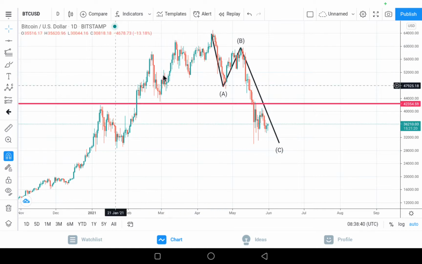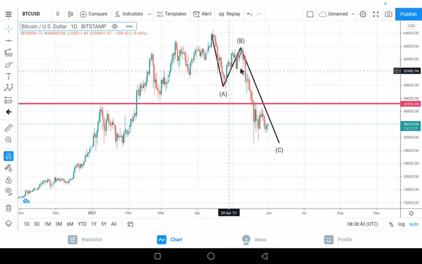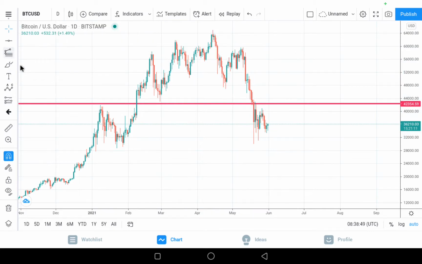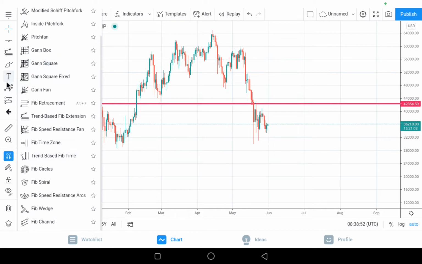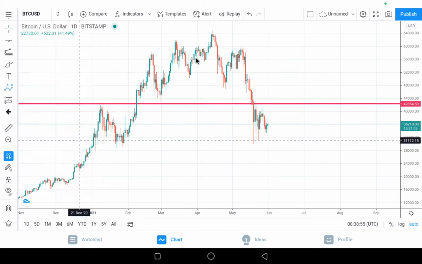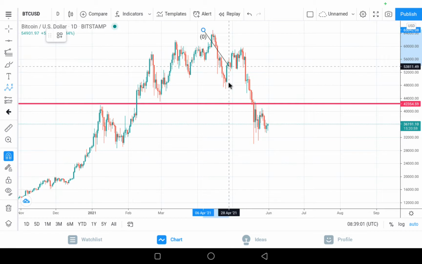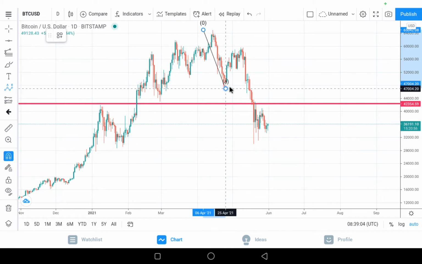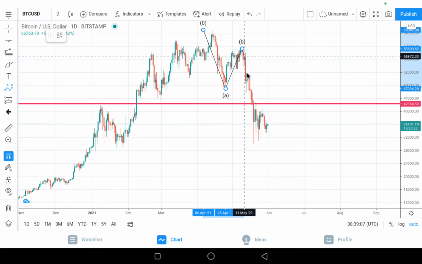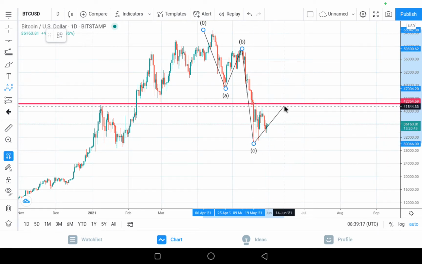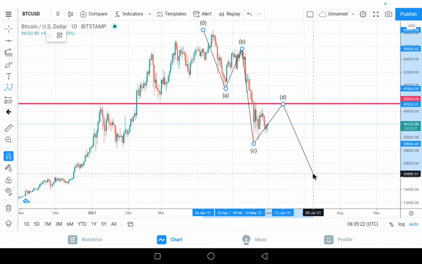If it becomes an ABC correction, that means we're going to have 0, A, B, C, and I'll be using this place as my D, the possible rejection, and your E. So people will ask me, how did you get that E?